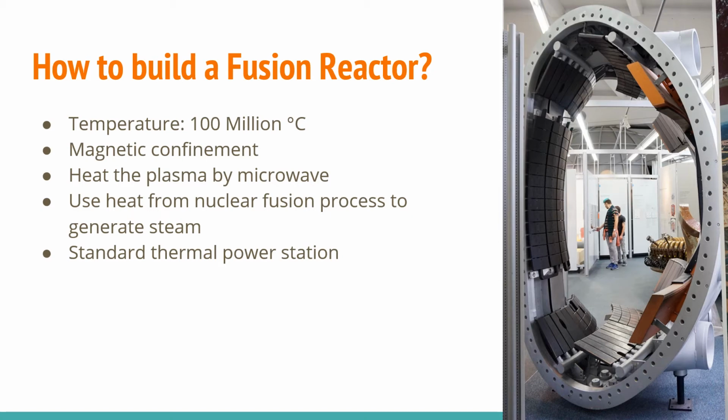The problem is, to build a fusion reactor, you have to heat up to 100 million degrees Celsius. Now, 100 degrees Celsius is boiling water, and now try that not 100 times, but 1,000,000 times higher. That is incredibly hot. And if you look for some material that is able to sustain that, you won't find any. So you have to use very clever tricks.